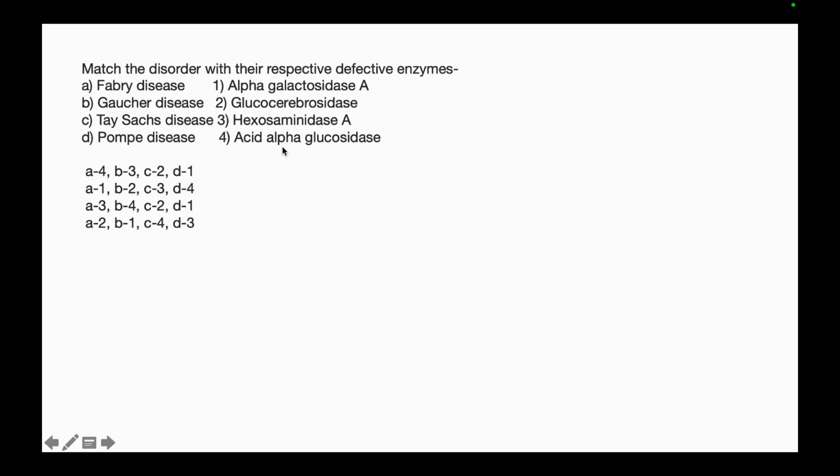Tay-Sachs disease: the defective enzyme is hexosaminidase A, and Pompe disease: the defective enzyme is acid alpha glucosidase. So the correct answer is A1, B2, C3 and D4.